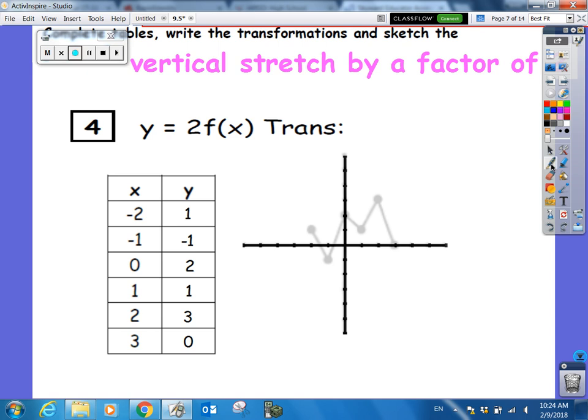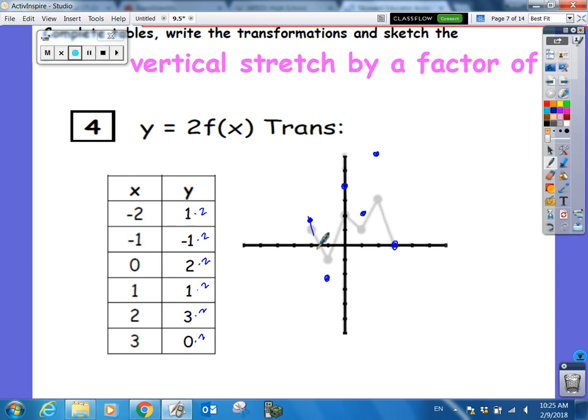What that means as far as the table goes, all the y values get multiplied by 2. So now we're looking at the y value. The y value is -1. We're going to multiply by 2. -1 times 2, -2. 2 times 2, 4. 1 times 2, 2. 3 times 2, 6. 0 times 2, so that stays there.